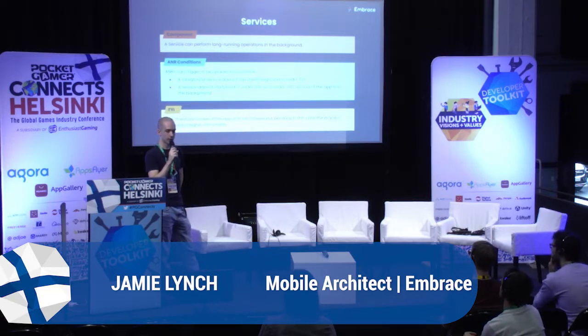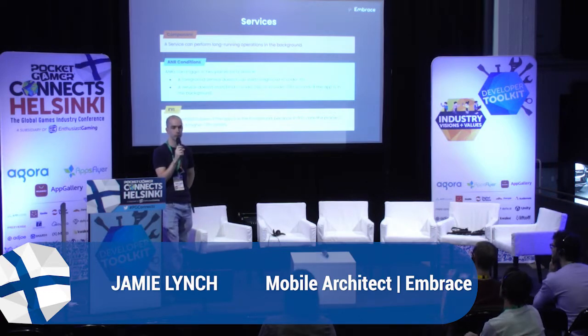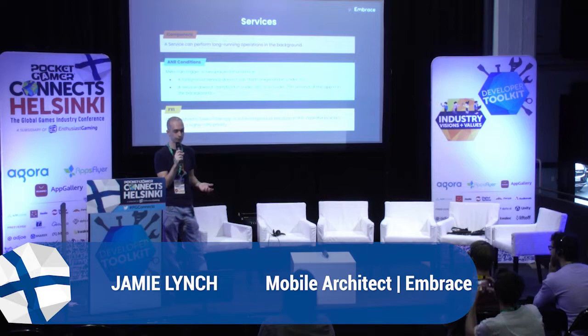Now we'll go over a service. To recap, a service on Android is just something that can perform a long-running operation in the background. There's basically 2 places where an ANR can be triggered by the OS. You can have a foreground service, which doesn't call start foreground in under 10 seconds. So that's a bit longer than the activity.